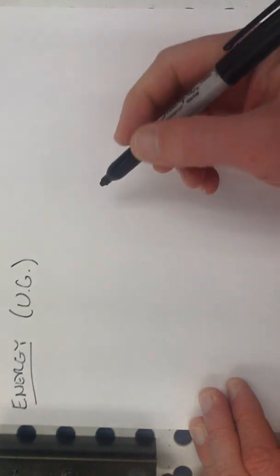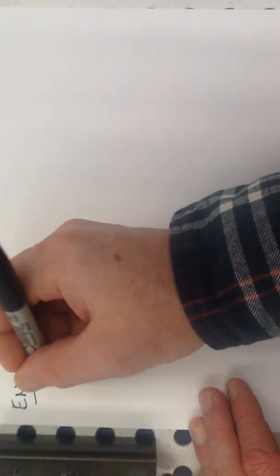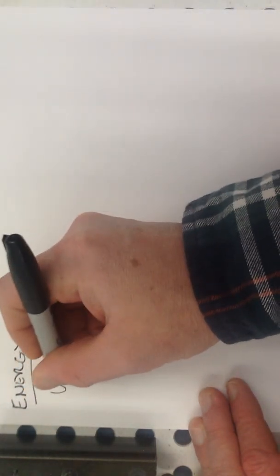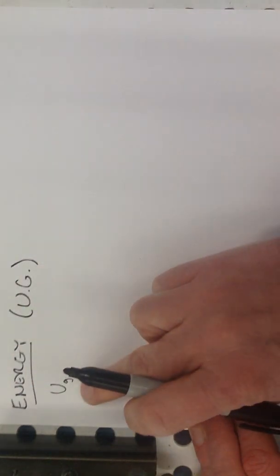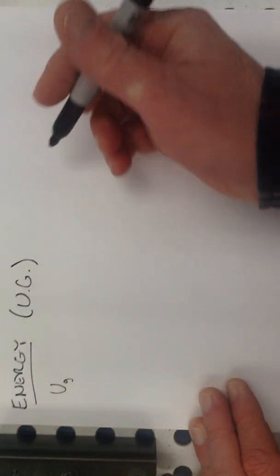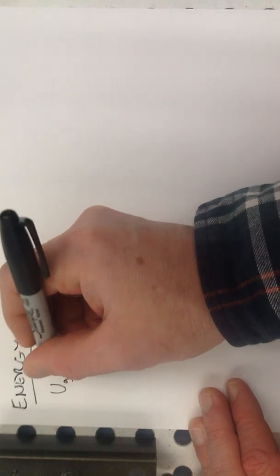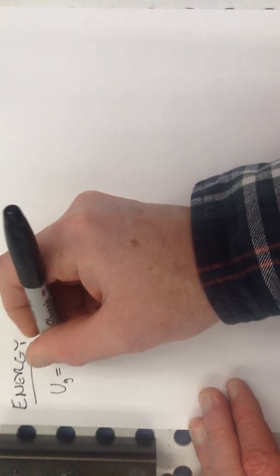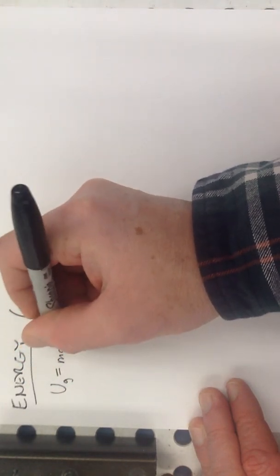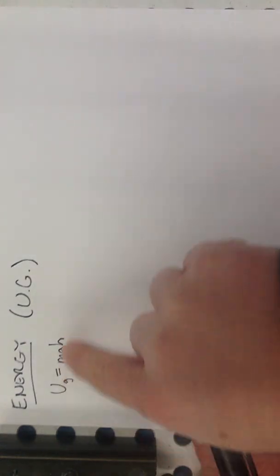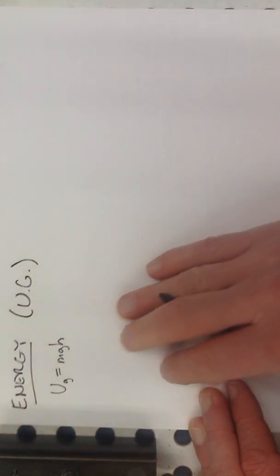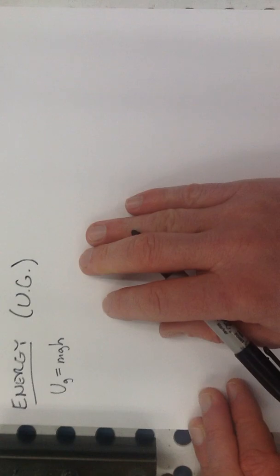We know that, for example, local gravitational potential energy is equal to mgh. And you have to pick a zero point, but we just usually pick one that makes sense for whatever context we are working in.